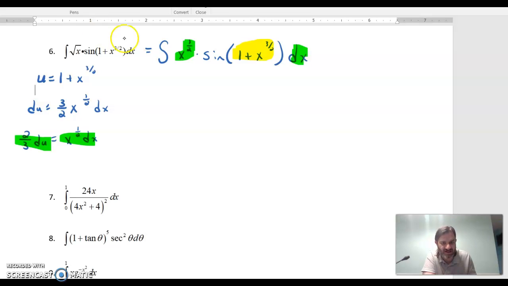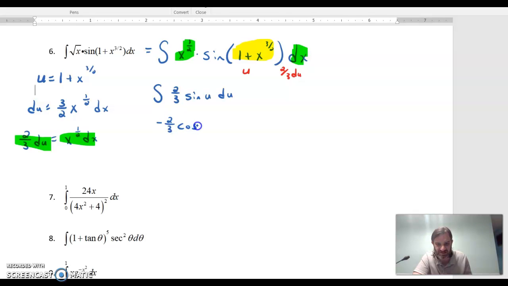So I'm going to let 1 plus x to the 3/2 be u, and I'm going to let x to the 1/2 dx be 2/3 du. So when I replace my x's with u's, I will have the integral of 2/3 sine of u du, which becomes, integral of sine is negative cosine, so it'll be negative 2/3 cosine u plus c.